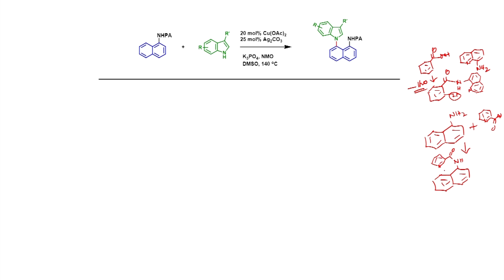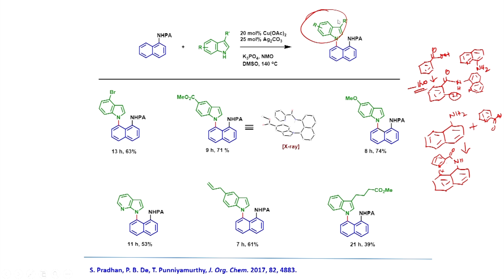Once you form this one, it can make chelation with your metal and activate this CH bond. In this way, you can also try to introduce the acyl group. You can make the CN bond formation.